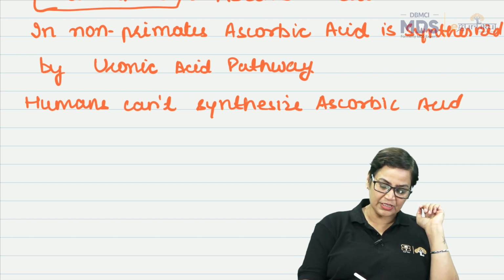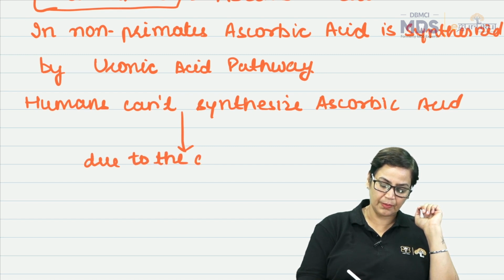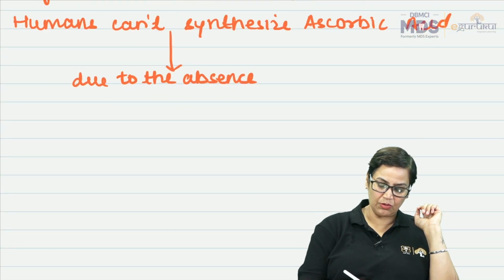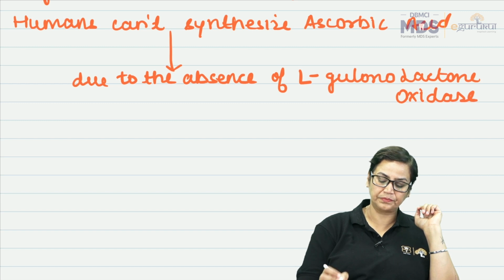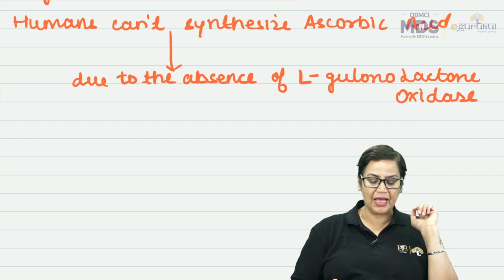And why humans cannot synthesize ascorbic acid? Due to the absence of L-gluconolactone oxidase. Due to the absence of L-gluconolactone oxidase.